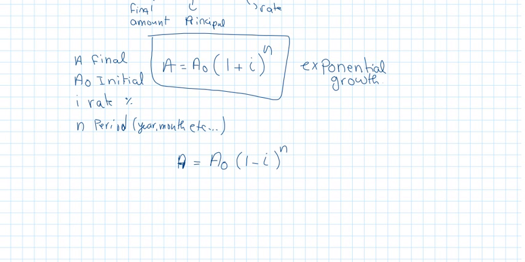A is your final, A naught is your initial, the rate, and the period. But I'm talking about here exponential decay. So you are losing money. So for example, if we're talking about depreciation value of a car, when you buy a car, right, you pay $20,000 for it. Every year it's going to lose 10% or whatever. I'm talking about this example. It's an exponential decay.